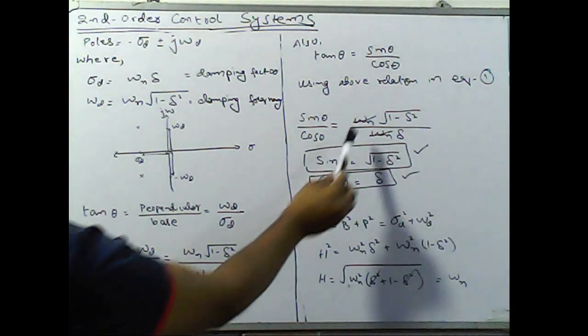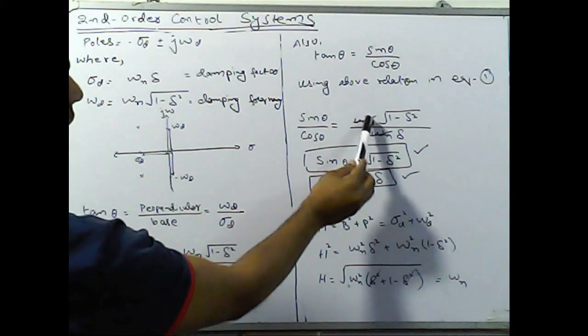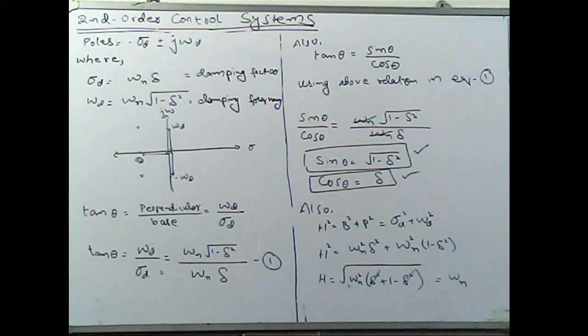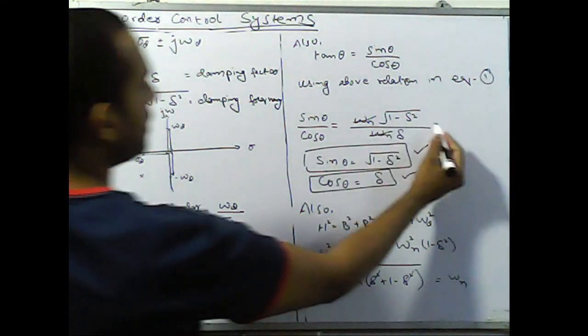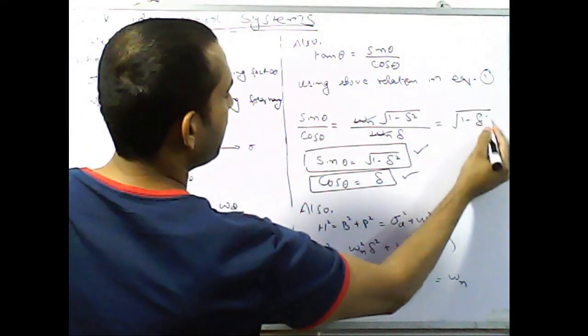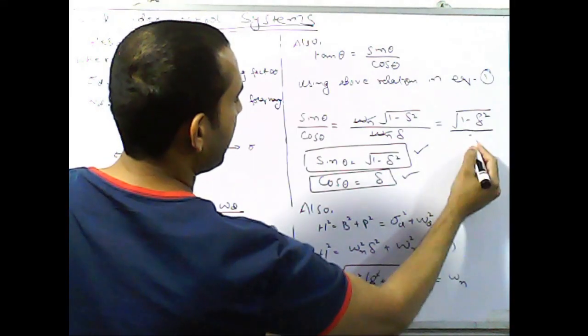So we can cancel out these two terms, that is omega n will be cancelled out by this denominator omega n, and we will be left with only this equation, that is under root 1 minus zeta square divided by zeta.